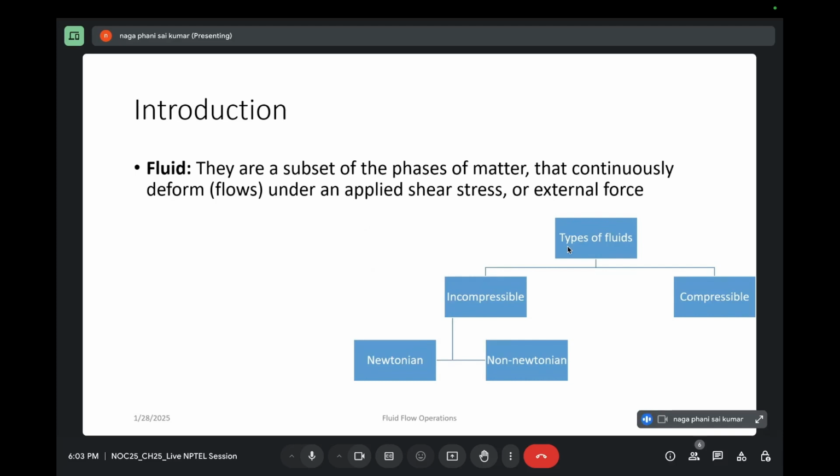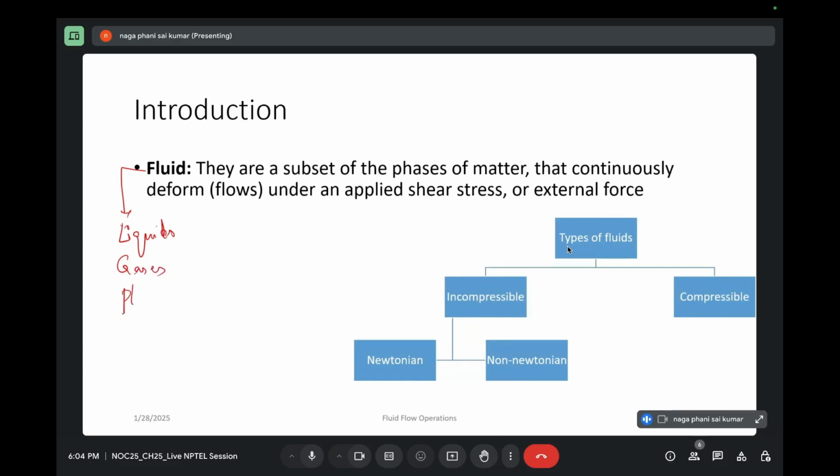A fluid is nothing but a subset of matter that continuously deforms under an applied shear stress or external force. So what are the different types of fluids that we have? Fluids can be liquids, they can be gases, and we also have plasma.